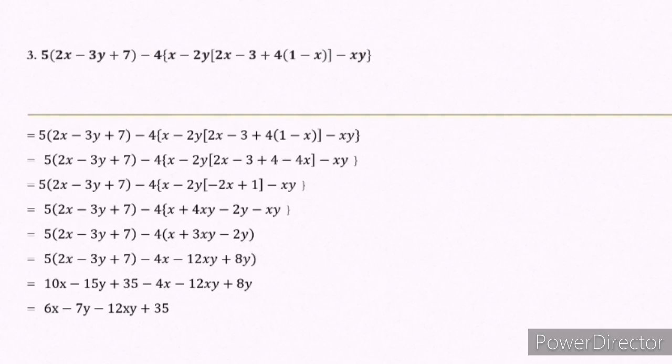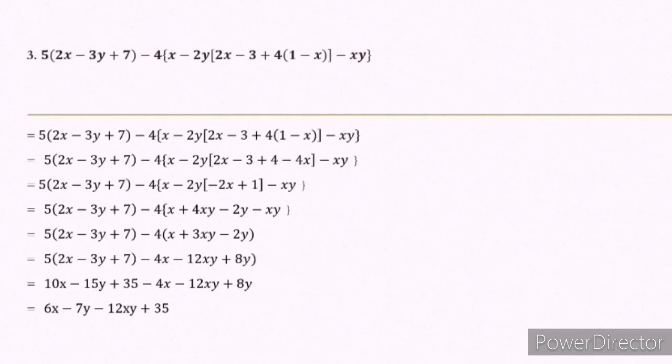Number 3 problem is quantity 5, quantity 2x minus 3y plus 7, quantity negative 4, quantity x minus 2y, quantity 2x minus 3 plus 4, quantity 1 minus x, close, quantity negative xy.